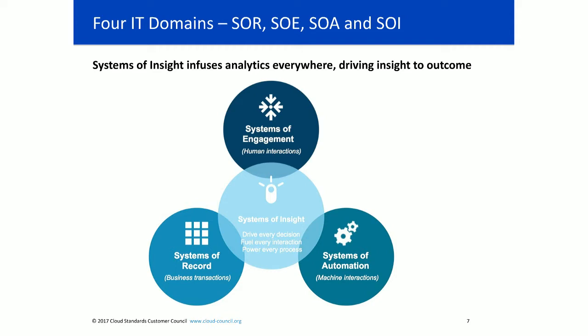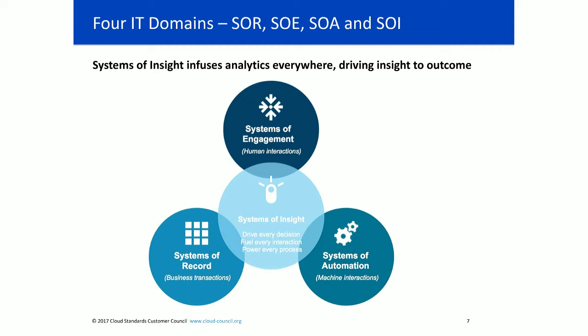As you can see, the system of records really hosts the process, and it is meant for supporting business transactions. The system of engagement is for interacting with human beings, customer engagement, those kinds of activities. The system of automation, as I explained, is mainly interacting with machines, sensors, and devices. And the system of insight sits in the middle for a reason.